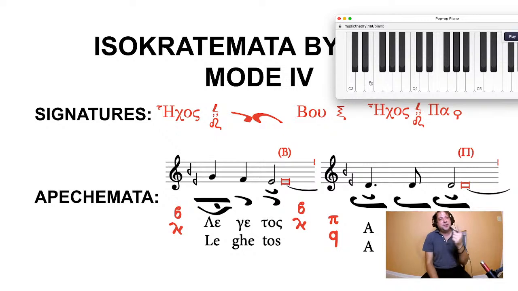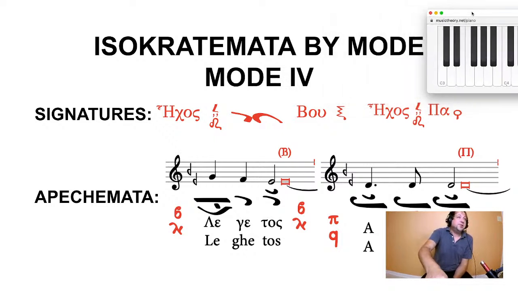So it has these kind of middle cadences that go down to da da ba. So whenever you hear somebody sing legetos, if they're doing this, keep an eye on their hand, because there's quite a few changes. There's another flavor of fourth mode that we have to talk about, which is aihya.